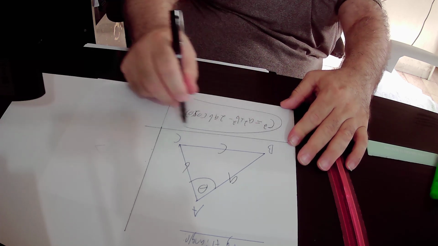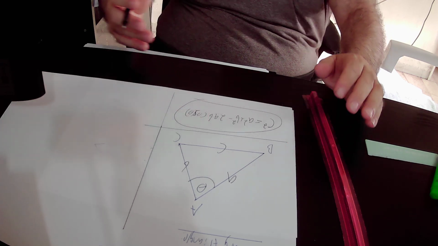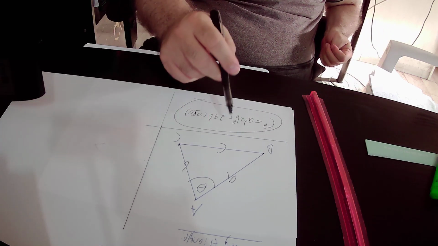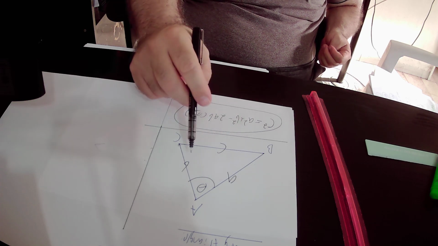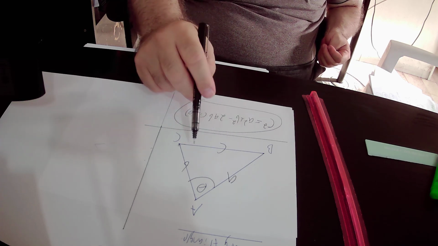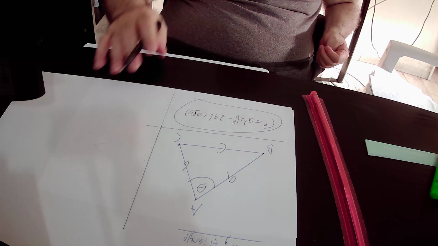I'll repeat again, in this triangle ABC, that could be any triangle, C squared equals A squared plus B squared minus 2 times A times B times cosine theta.